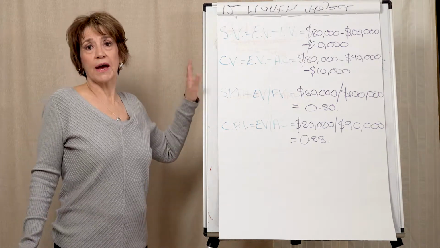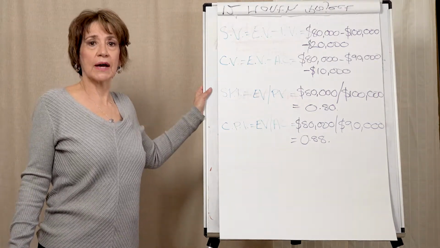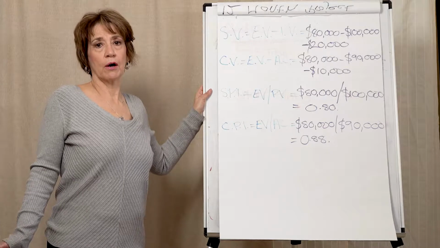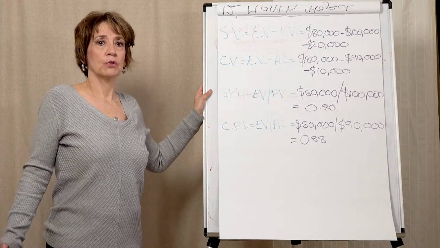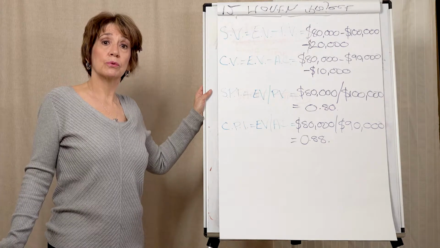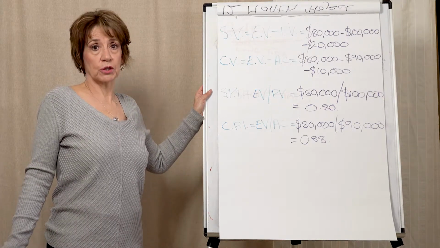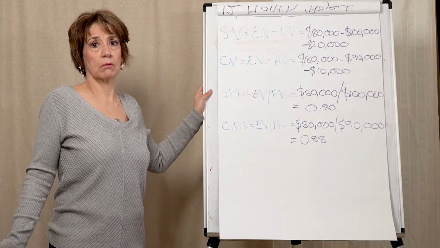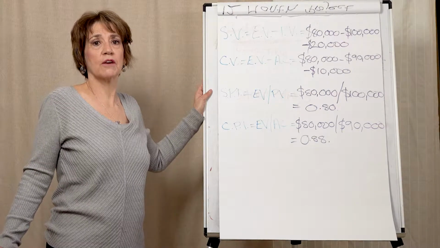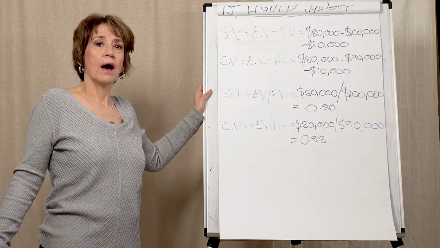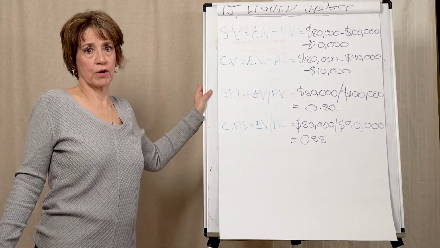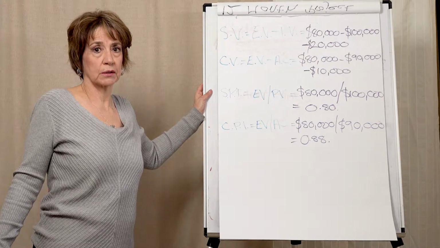So you can see how having this additional analysis can really help you to bring your project more on track. Just comparing your actual cost with your budget cost just does not help. It doesn't give you enough information, because you need to know how well you're doing in progress throughout your project.